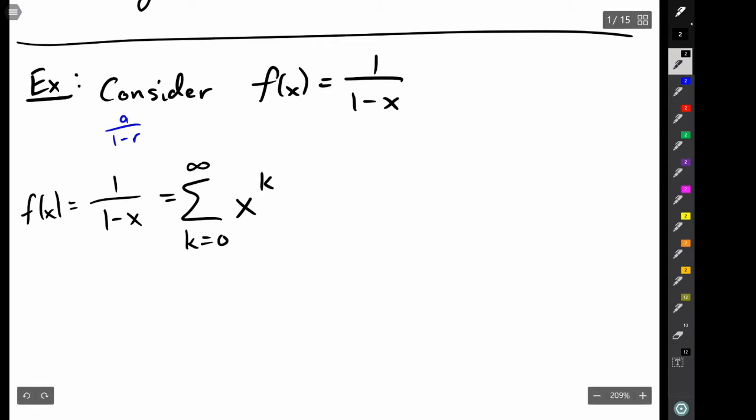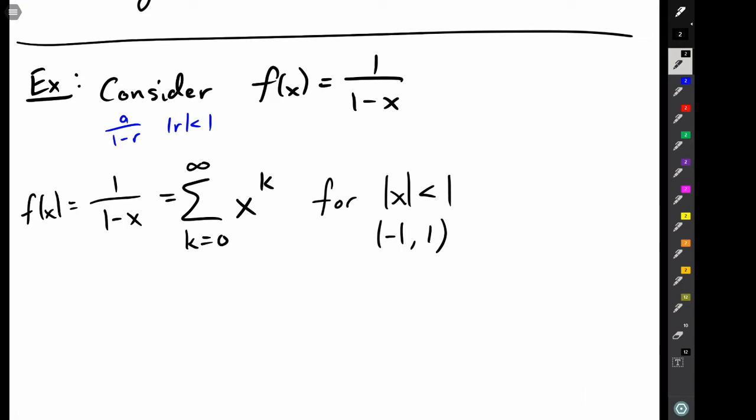But now the question is, where does this actually converge? Well, a geometric series converges if the absolute value of r is less than 1. So here we would say for absolute value of x less than 1, which as an interval we would write as -1 to 1.